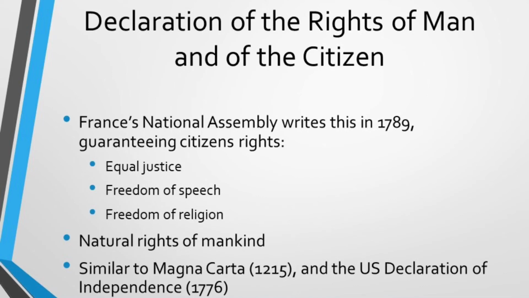And they want equal justice for the rich and the poor. They think people should be able to speak freely, especially because if you spoke against the king, you could be thrown in jail. Some of you might have noticed that it said political prisoners on the Bastille thing. That's because they had probably talked poorly about the government. They also want freedom of religion. The French king, remember, had called himself the most Christian king.